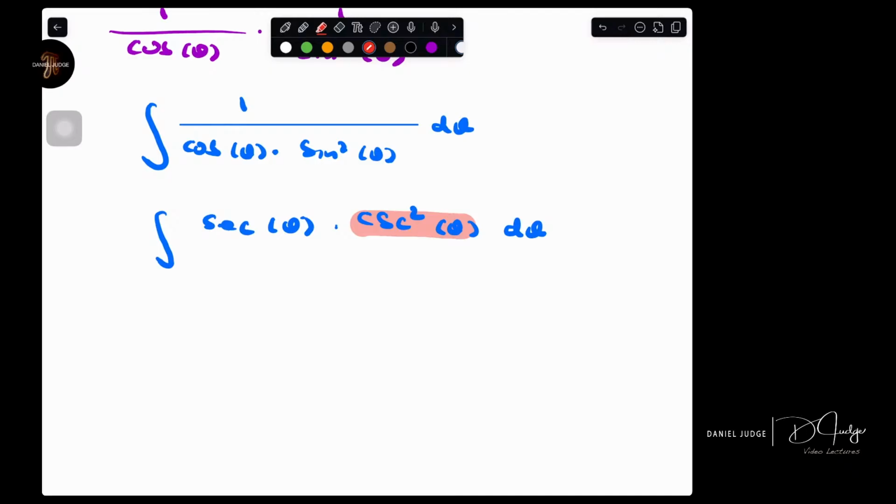So I'm going to have to remind you, what is cosecant squared theta here? If we think of Pythagorean identities, cosecant squared theta is 1 plus cotangent squared.